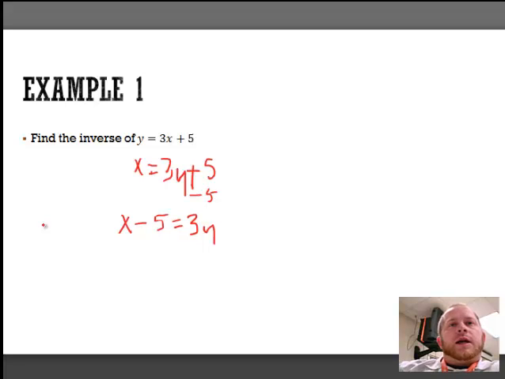Now what I need to do is divide by 3 on both sides. Make sure you're dividing everything on the left by 3. This will cancel out to where your new one will look like this.